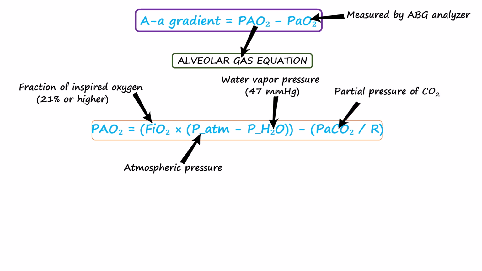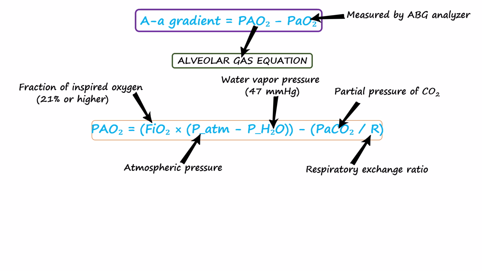PaCO2 is the arterial partial pressure of carbon dioxide directly measured by the ABG analyzer. It represents the carbon dioxide diffusing into the alveoli from the blood, which displaces oxygen and lowers alveolar oxygen levels. Finally, the respiratory exchange ratio R represents the ratio of carbon dioxide exhaled to oxygen inhaled at the level of the lungs.